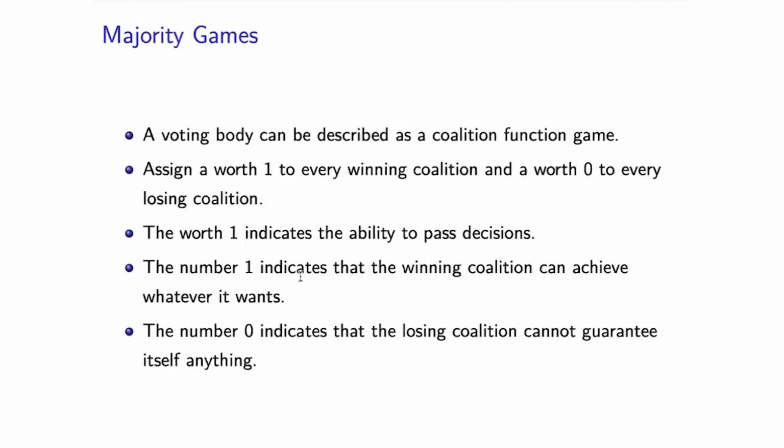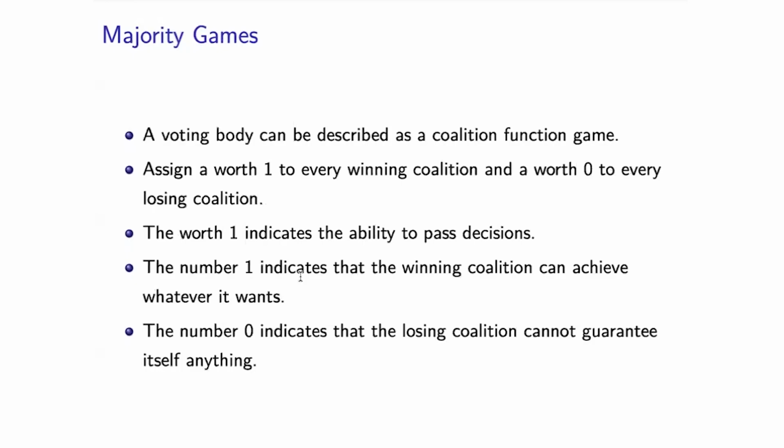Okay, so the significance of discussing this sort of situation in this lecture is that we can think of the voting body as a coalition function game. The way to do it is to assign a value of 1 to every winning coalition and a value of 0 to every losing coalition. Now, in contrast to the examples that we have seen before, this 1 and 0 does not refer to the monetary value of the coalition.